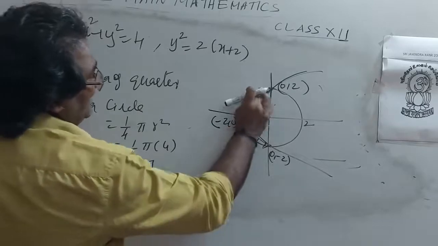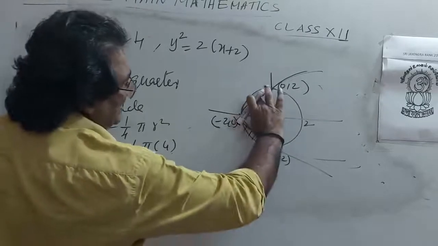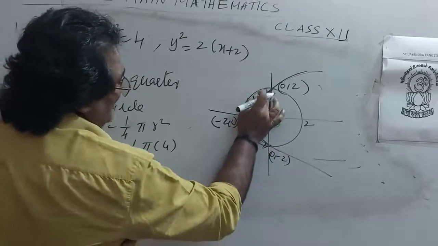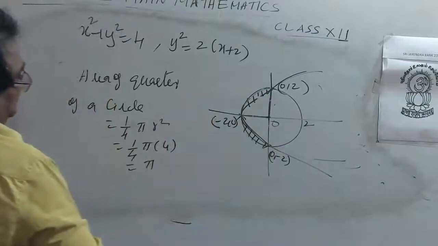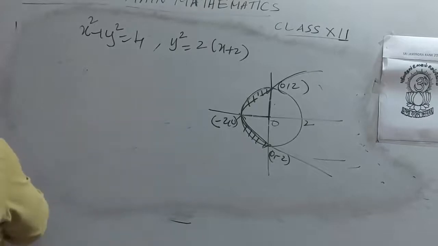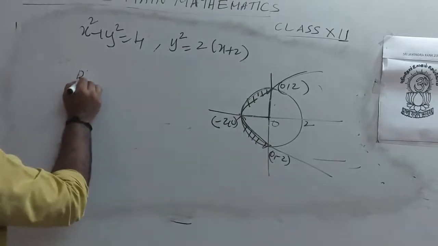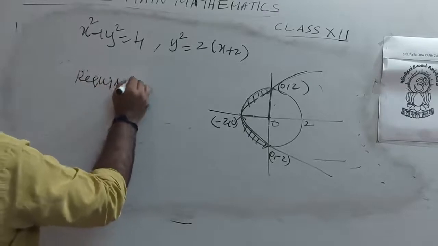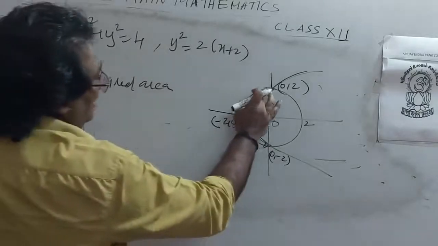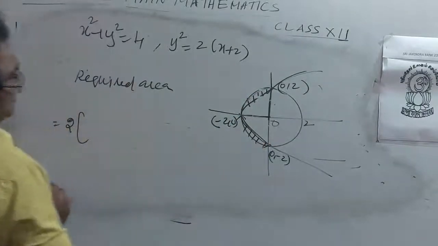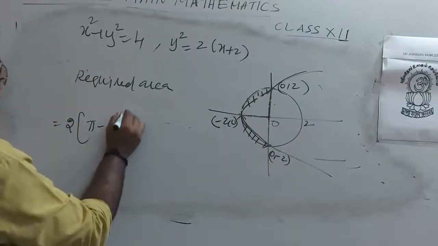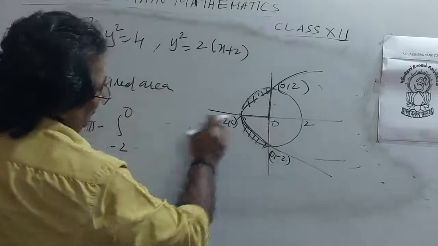We need this portion only. We have to subtract this area. That means area between here 0 limit, the curve and x-axis. So required area equal to two times upper part and lower part, 2 times area of this portion, that is pi, minus 2 to 0 limit x value minus 2, x value 0.